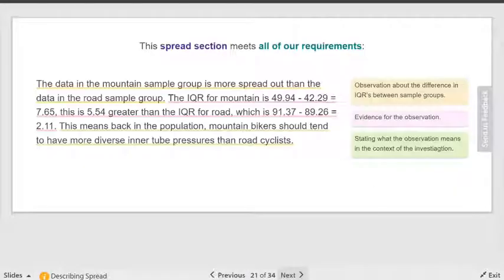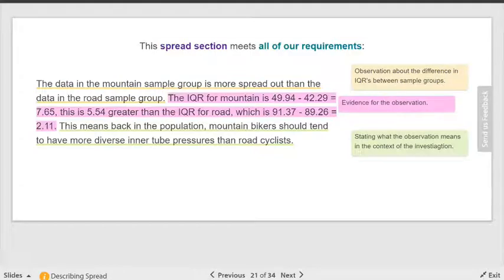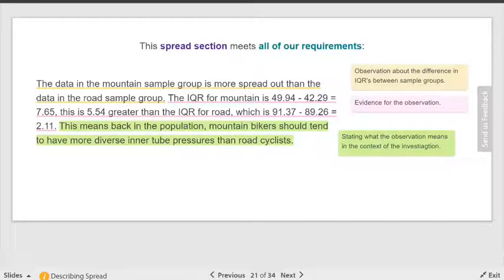Okay? Let's just look at it. So here you go. Those same things. Observation about the difference in the IQRs. Evidence for the observation, support it with numbers. If you don't support it with numbers, then it's garbage. Okay? And finally, stating an observation about what it means.